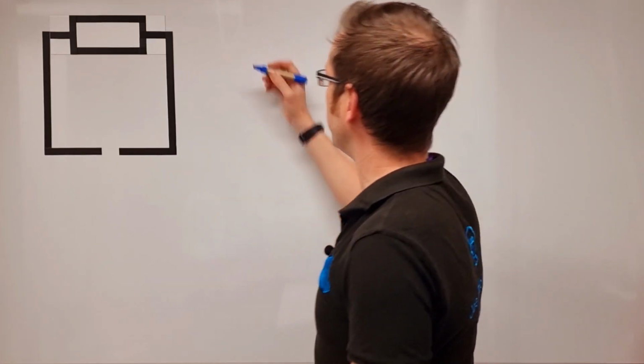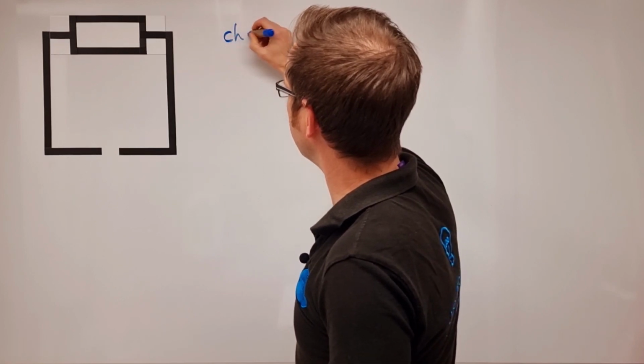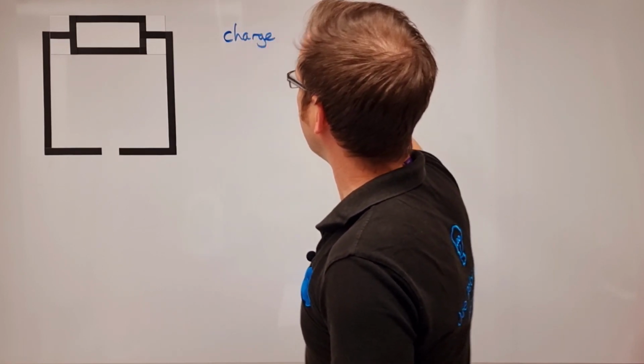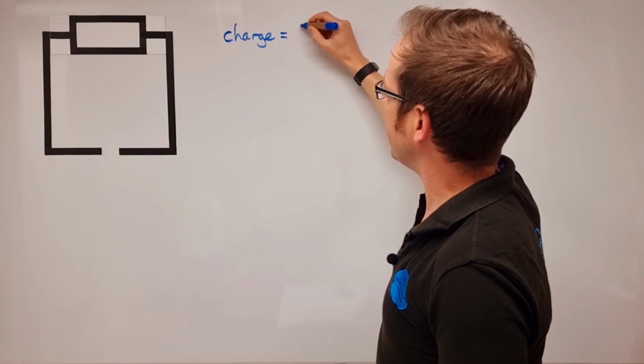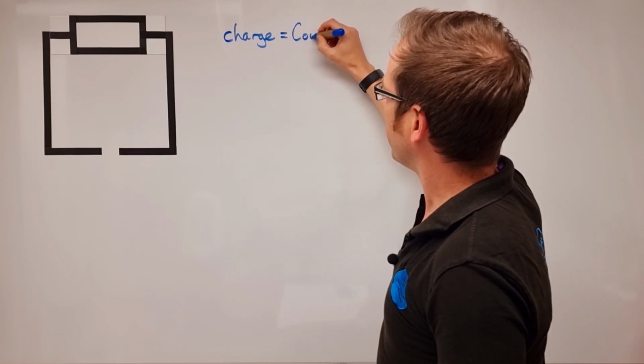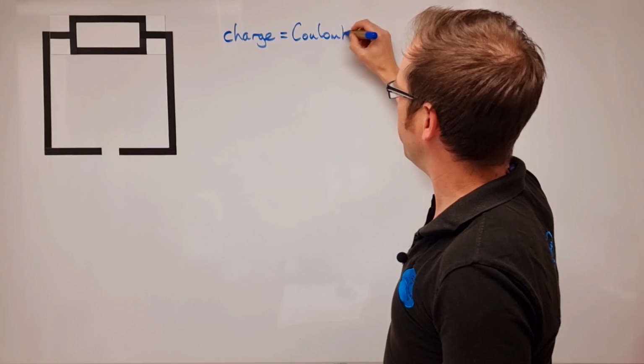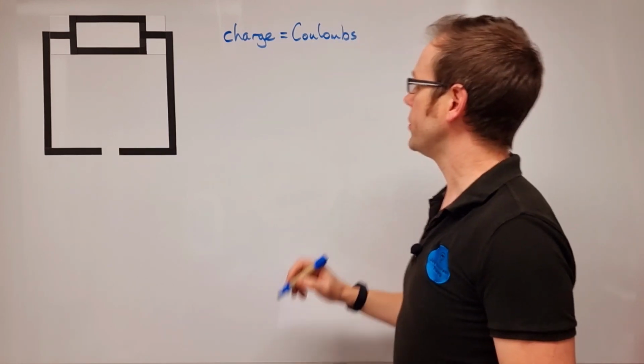So let's just remind ourselves of some really important SI units that we'll need for this video. Let's go through this one at a time. First of all, we've got the concept of electrical charge. You may remember that charge is measured in coulombs, and remember that's just a big bunch of electrons.